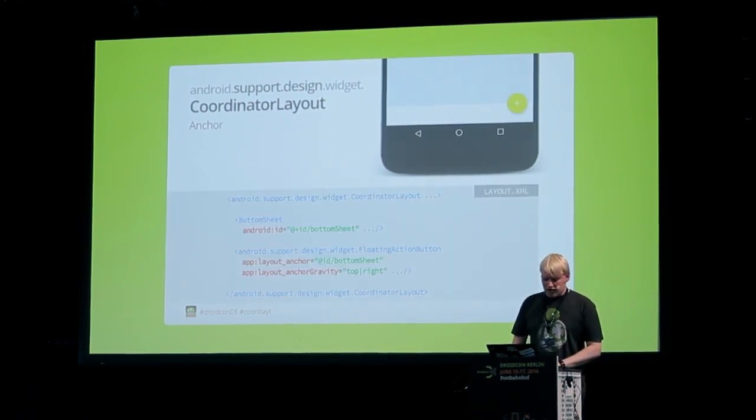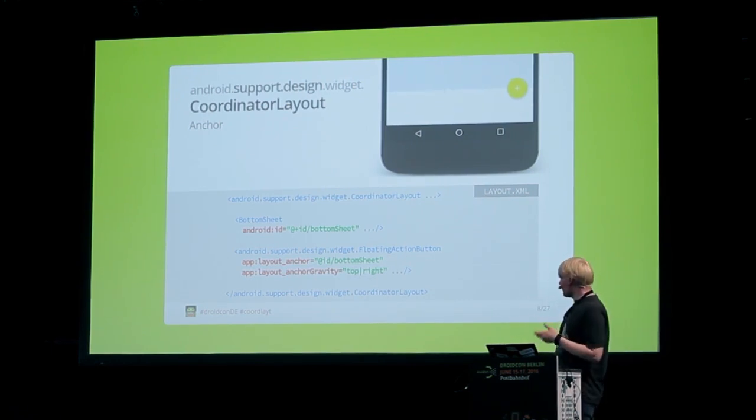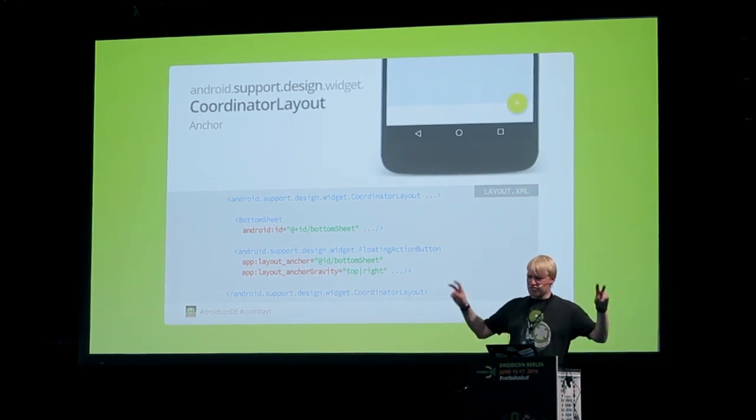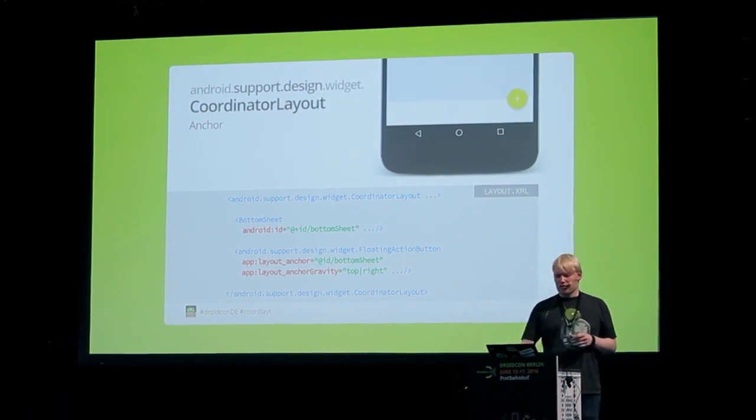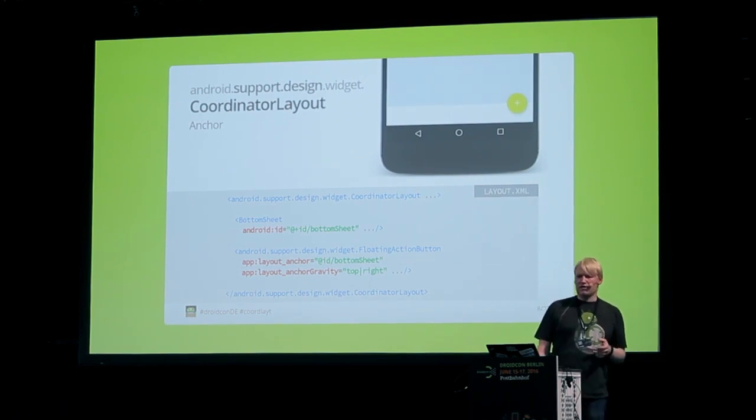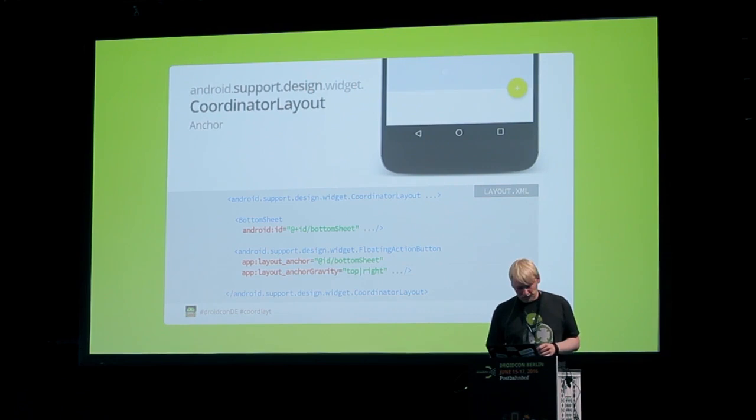And it looks like this: you have to provide the anchor view where your view, in this case the floating action button, should be anchored to. In this case the bottom sheet. I just called it a bottom sheet here; there's no bottom sheet widget actually. And the second parameter you need to provide is a gravity, so it knows how it should be anchored to your anchor view.